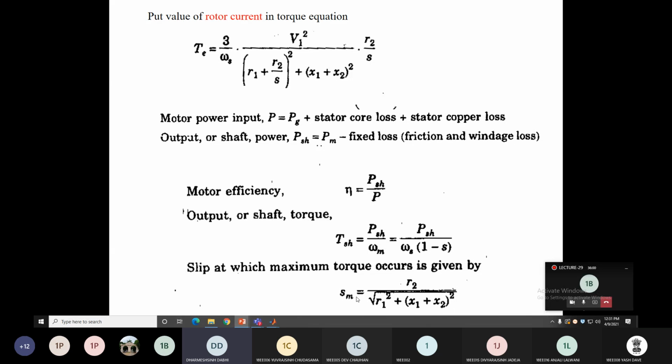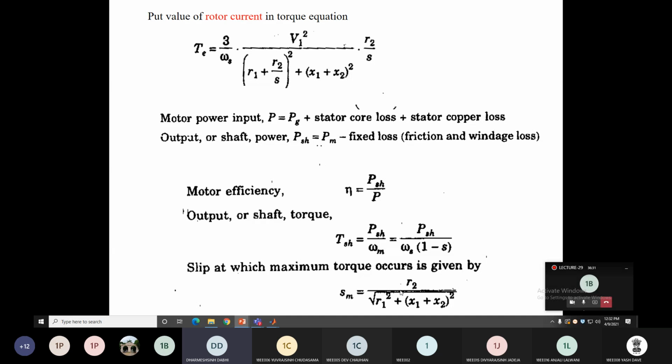I think all of you have learned or derived this equation when you studied the induction motor, the slip at which maximum torque happens. So this is the equation of slip where torque developed in the induction motor is maximum. I am not going to derive this equation because you already learned this theory. Just understand that this is the slip at which maximum torque happens in induction motors.